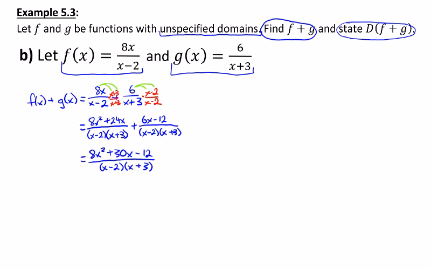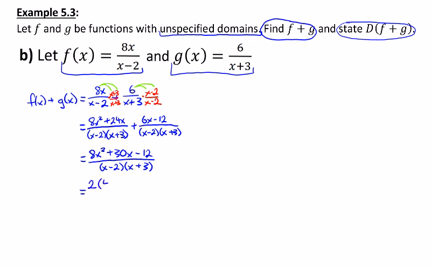But it doesn't hurt to maybe check to see if there's some kind of extra factoring that can go on. So at this point, there's not really a lot of factoring to be done in the numerator. The denominator is already factored because we didn't multiply it out. So that was the reason why we didn't do anything with that. We wanted to leave it in factored form. But for the numerator, we can do a GCF of 2.